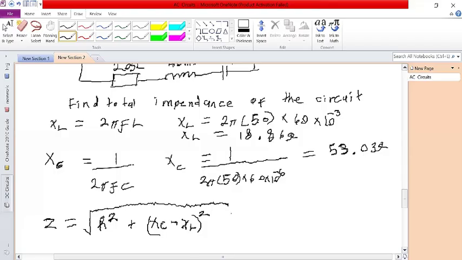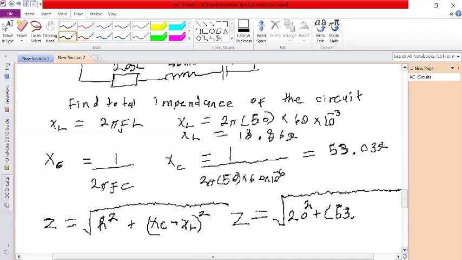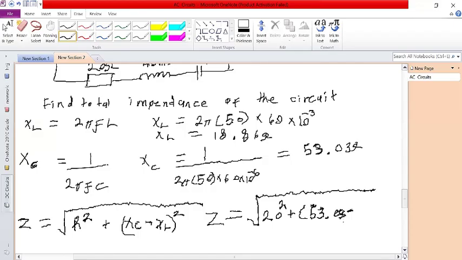If we substitute values, Z is the square root of 20 squared, plus XC, which is 53.03, minus XL, which is 18.86, squared.